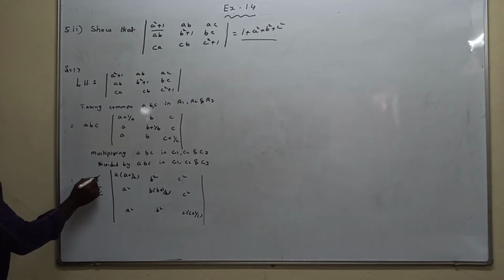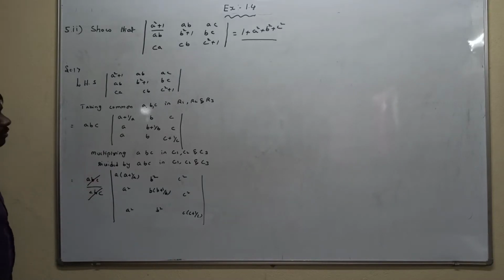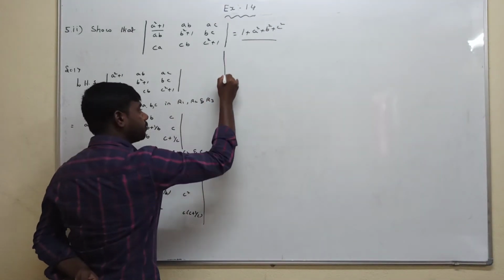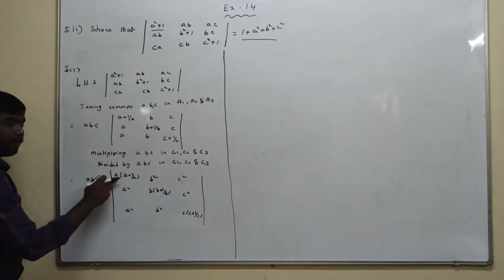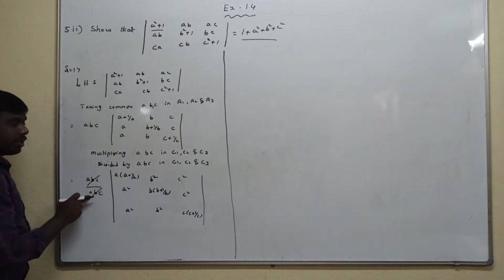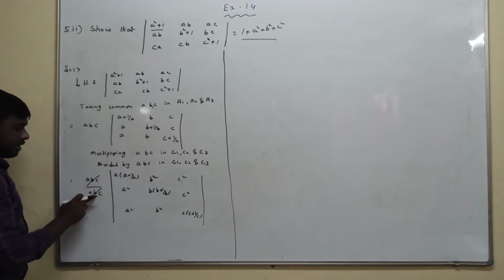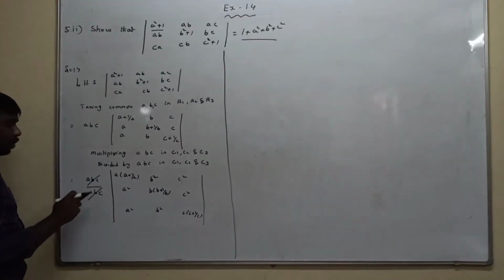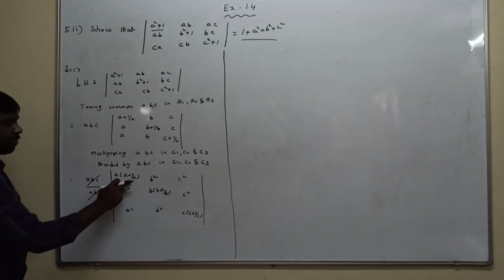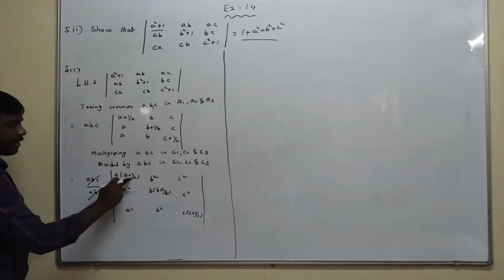Now, ABC, this will get cancelled. Observe dear friends, here first column multiply with A divided with A, second column multiply with B divided with B, third column multiply with C divided with C. Now numerator ABC, denominator ABC get cancelled. Now we can simplify this. We are taking LCM. A square plus 1 by A, the A gets cancelled.